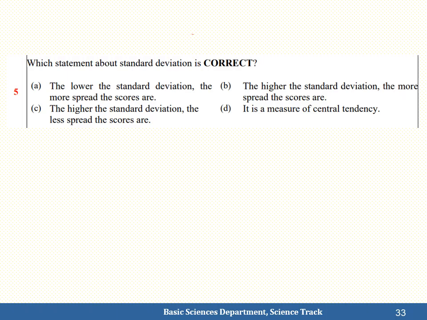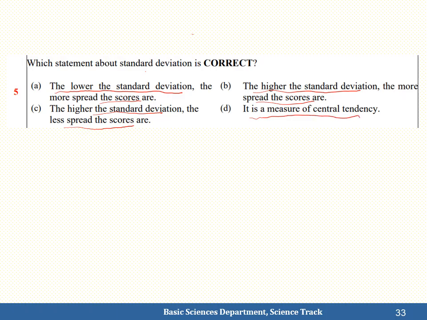Which statement about standard deviation is correct? Okay, let's read them. The lower the standard deviation is, the more spread the scores are. The higher the standard deviation, the less spread the scores are. The higher the standard deviation, the more spread the scores are. And it's a measure of central tendency.